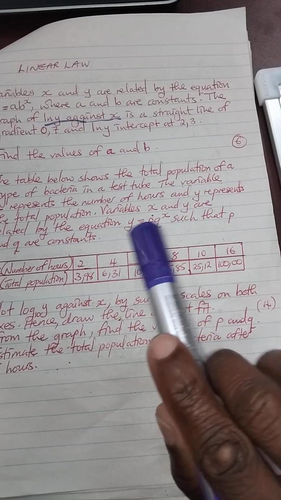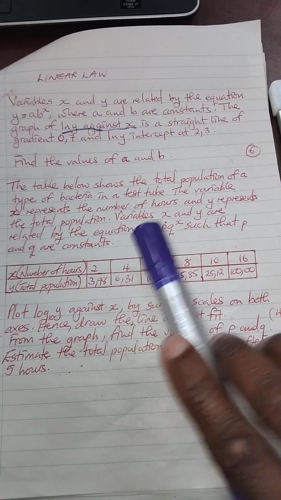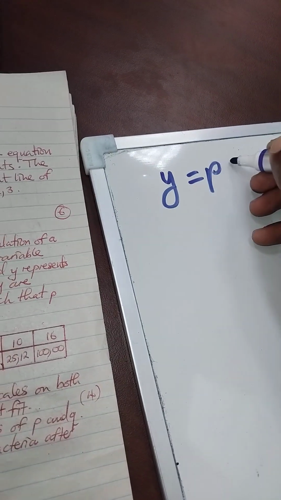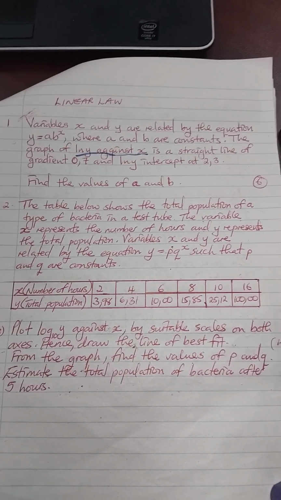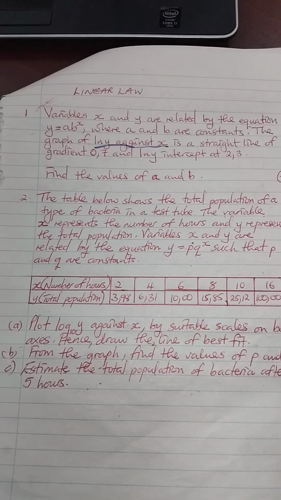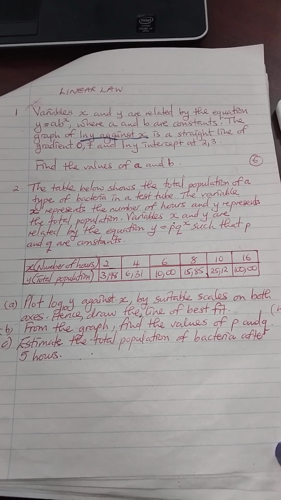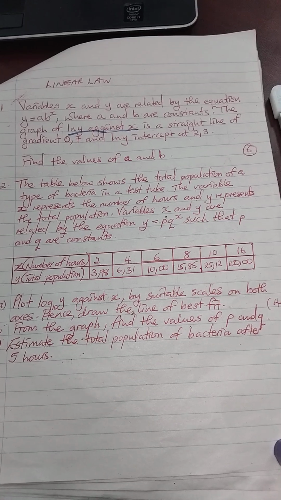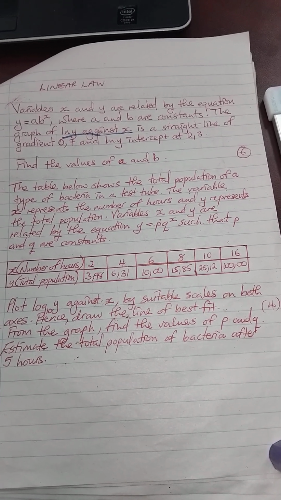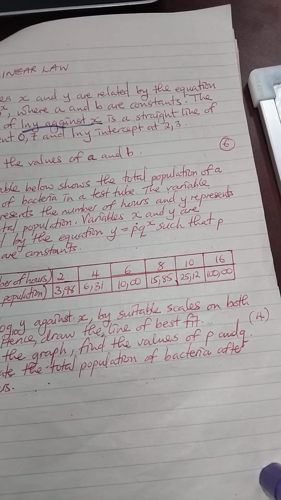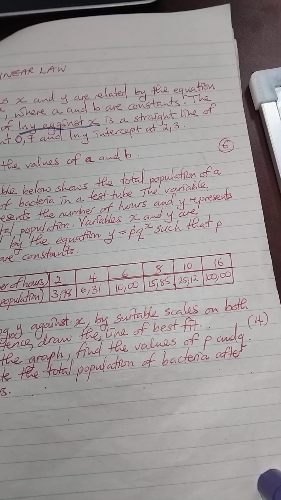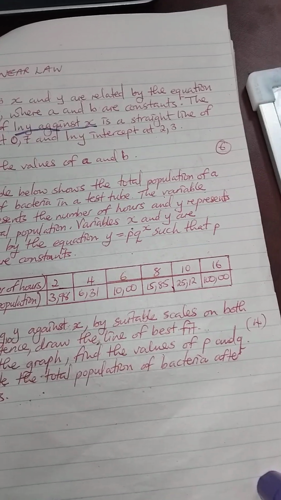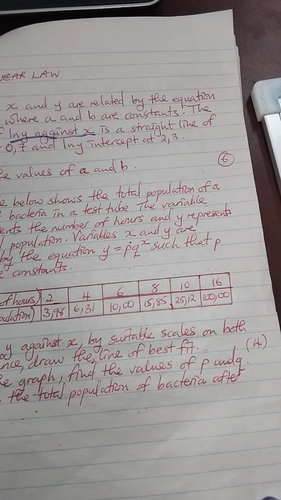Variables x and y are related by the equation y is equal to pq to the power x, such that p and q are constants. Then we plot log y base 10 against x.